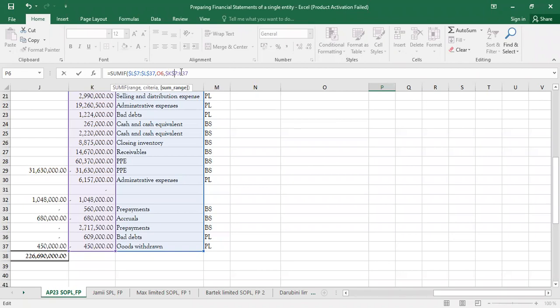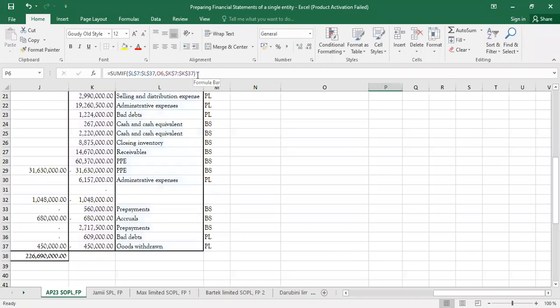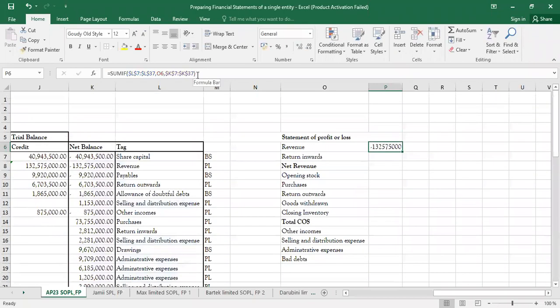But when you just drag down and press F4, it automatically locks the whole thing, not one by one. Isn't it? After that, when I close my brackets, I think you are seeing my cursor there, Control Enter, Control Backspace to jump to the active cell.